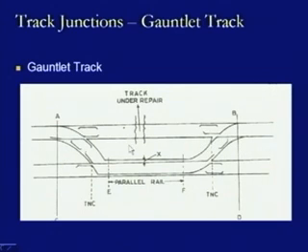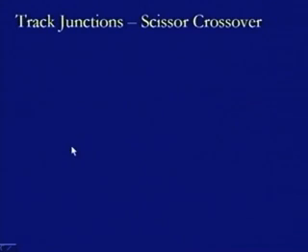So, therefore, 4 sets of crossings means 4 sets of wing rails, and here we will be having one set of check rail on this side, and similarly the set of check rail is to be provided on this side also, not being shown here. So, these are the different types of the gauntlet tracks need to be provided.